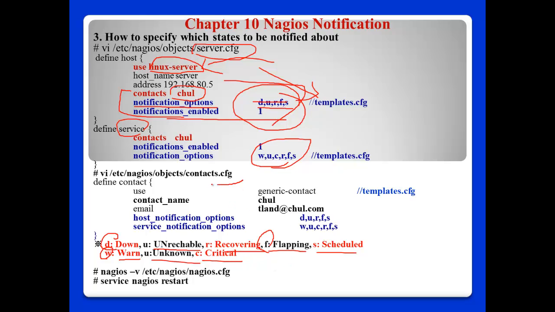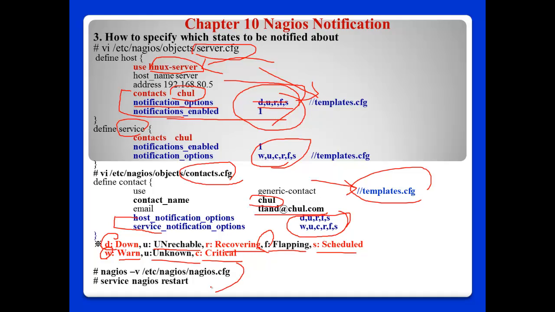After that, in the contact, we have to find char and the email address, and we can define host notification options and service notification options. But even if we don't configure these, normally we can find these notification options in the template.cfg file, and the others are the same.